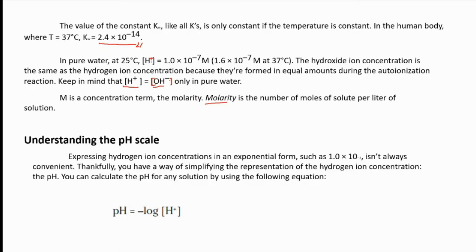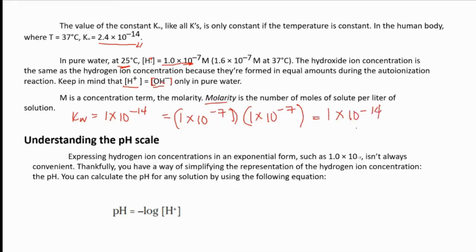So kaya nakuha yung value ng Kw at 25 degrees na 1 times 10 raised to negative 14. Kasi di ba sinabi dito at 25 degrees, the value is 1 times 10 raised to negative 7 for H plus, which is equal to OH minus, and the product is 1 times 10 raised to negative 14. So yan yung value ng Kw, kung paano siya na-derive.